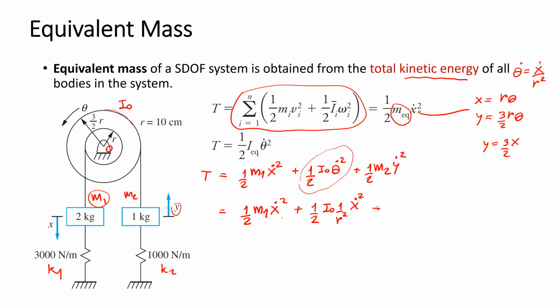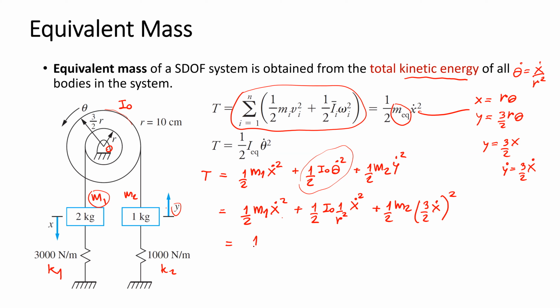For the y component, we have y dot equal to 3/2 of x dot, so y dot square like this, and we just finalize this.